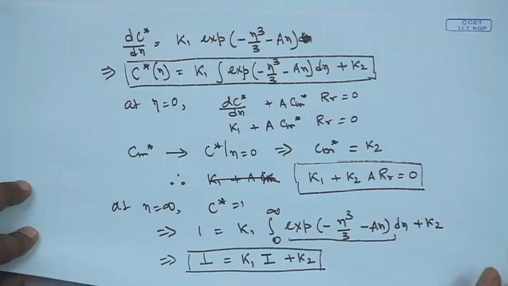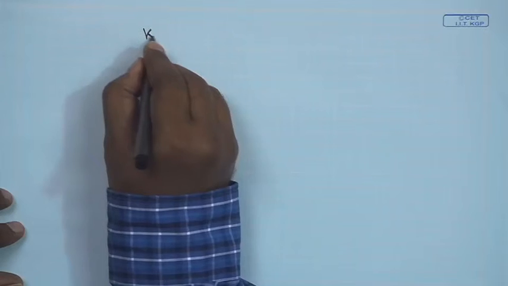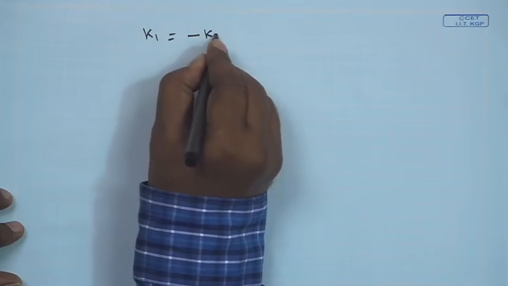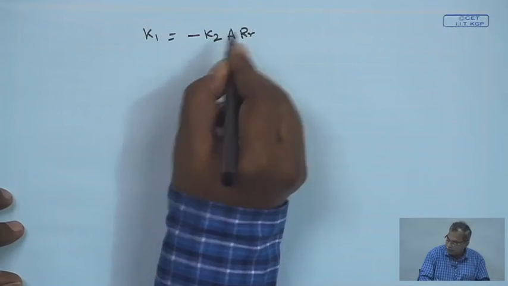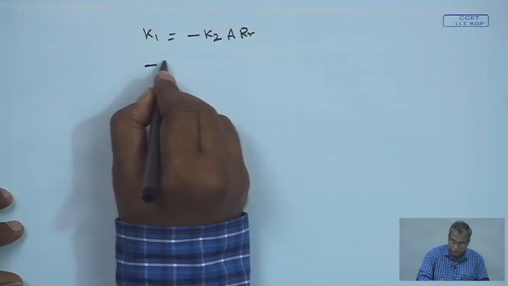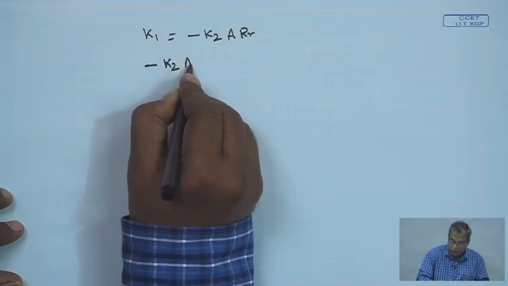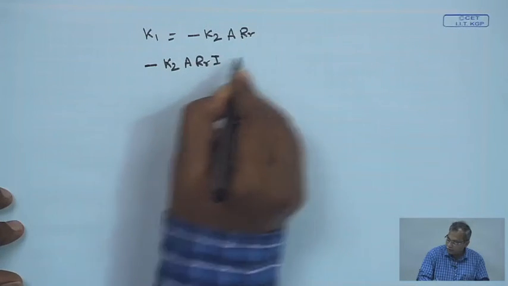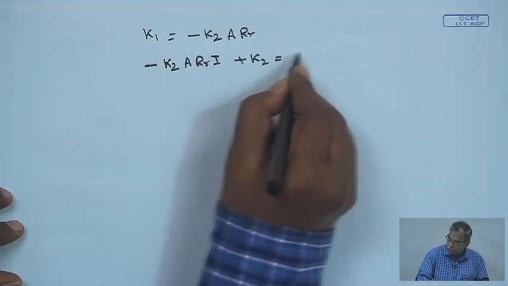So, let us get k 1 from the first one: k 1 is equal to minus k 2 a R r. From the second equation, I replace k 1 with minus k 2 a R r, so minus k 2 a R r I plus k 2 is equal to 1.